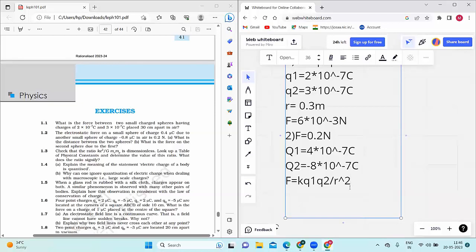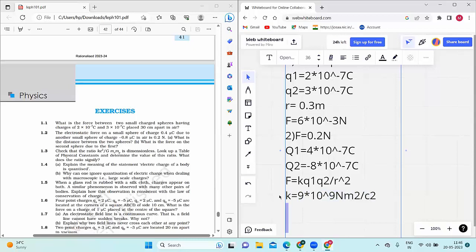Also we have the value of k equal to 9 into 10 power 9 Newton meter square per coulomb square. So by using all the known values, we can find R from this formula.